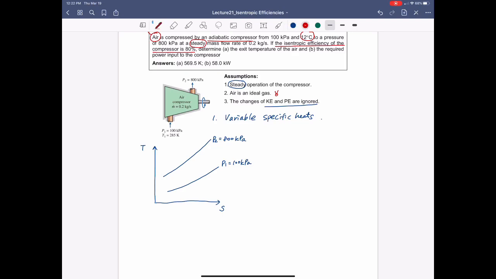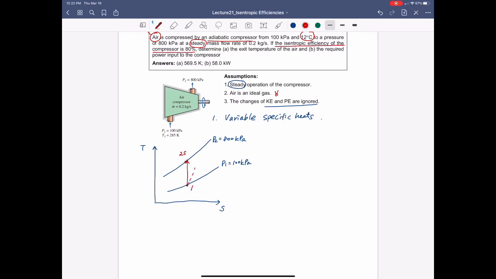Then let's say that we have the inlet condition at 1. Then if your compressor was an ideal compressor, your process would have gone up in the vertical direction, that is, at constant s. But in reality, you have a compressor that increases the entropy at the exit.